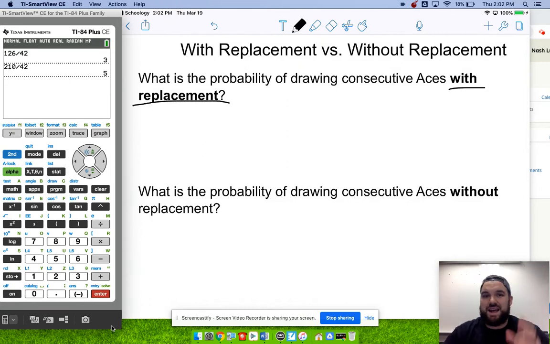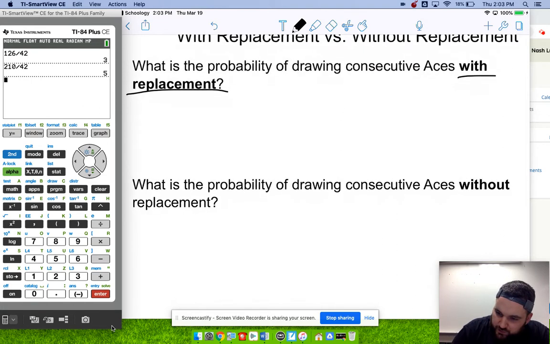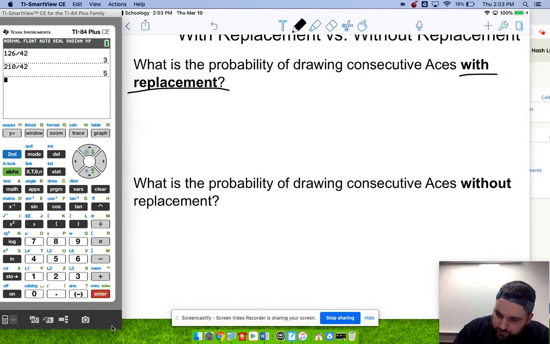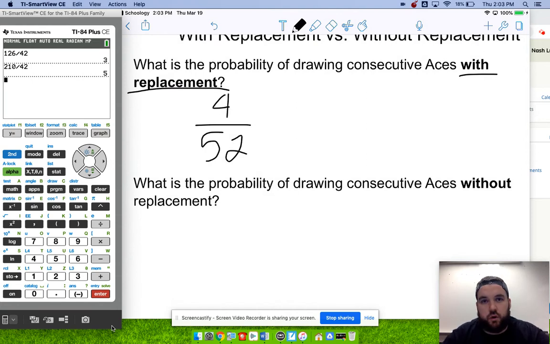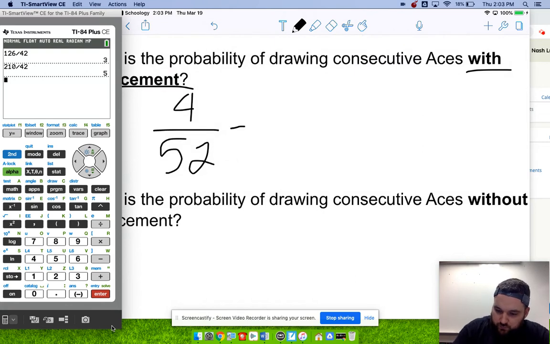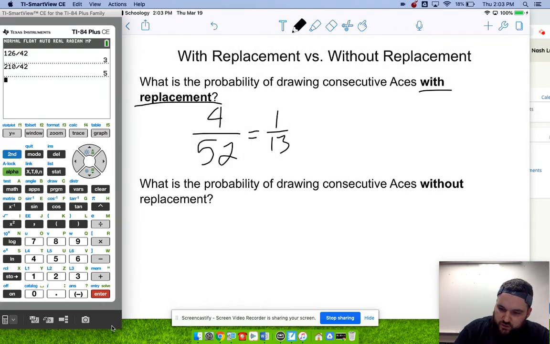What that means is after I draw the first ace, I'm going to reinsert that card back into the deck. So what's the probability of the first card being an ace? Well, there's 52 cards, 4 of them are aces, so it's 4 out of 52. That does reduce to 1 out of 13, but not super essential.